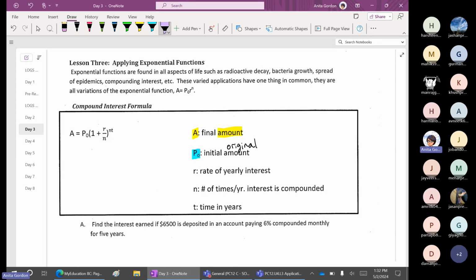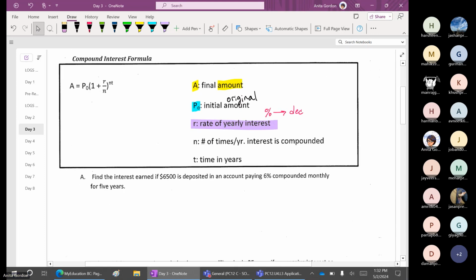R represents the rate of yearly investment. This is often given to you as a percent. However, as mathematicians, we know that when we are working with percents, we must calculate them as decimals, not as percents. N represents the number of times your interest gets paid out in a year. So you're not getting 10% every month.